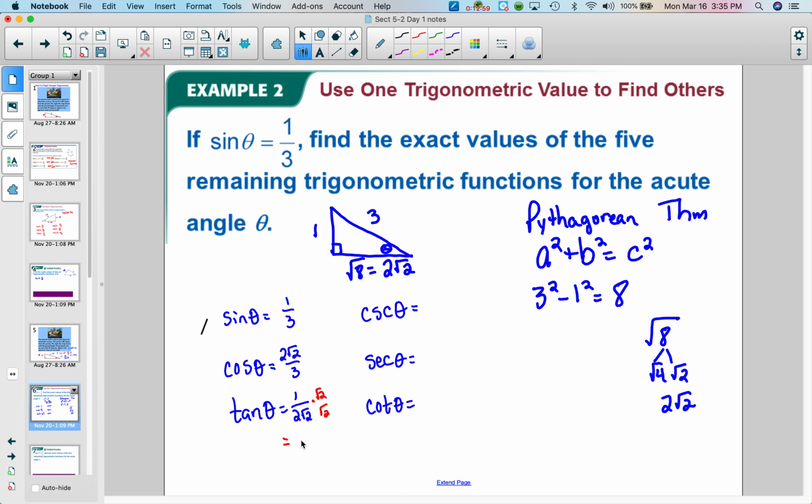And when I do that, I'm going to get the square root of 2 on top. And in the bottom, remember root 2 times root 2 is just 2. But I already had a 2 there, so I get a 4. This is simplified form. Now I'm probably going to be a little lenient if you leave it in this format. But I would like you to try to put it in the best form.